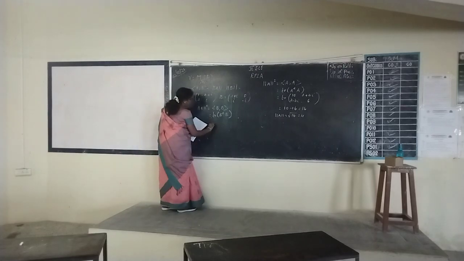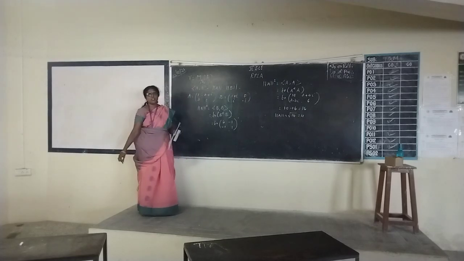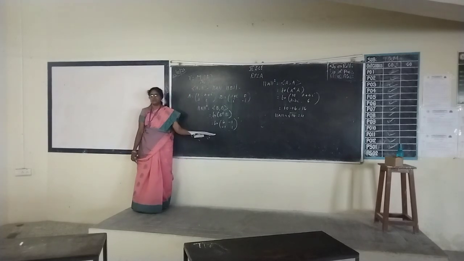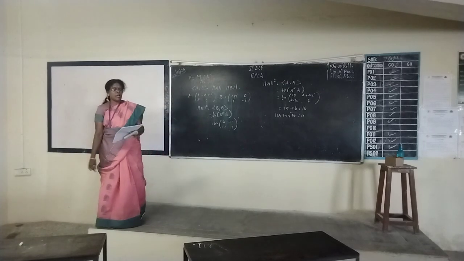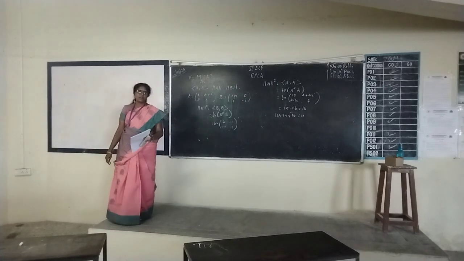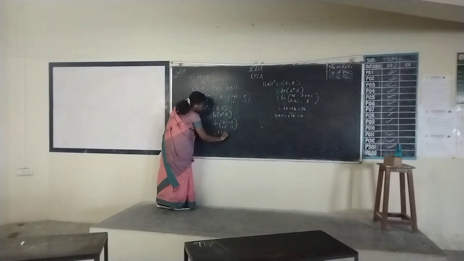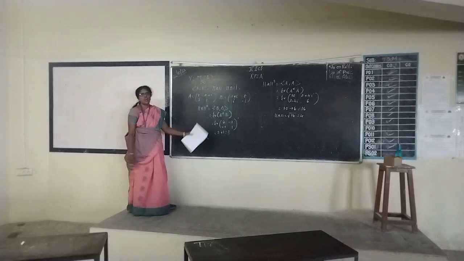So B star B will be equal to 2, minus 1, minus 1, 1. This is your B star B answer. So what are the diagonal elements? 2 and 1. So trace means 2 plus 1. That will give you 3. This is norm of B square.